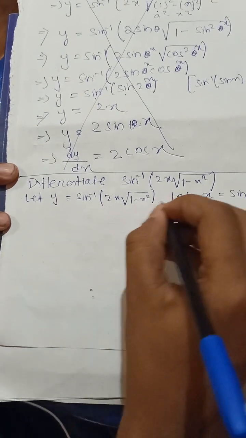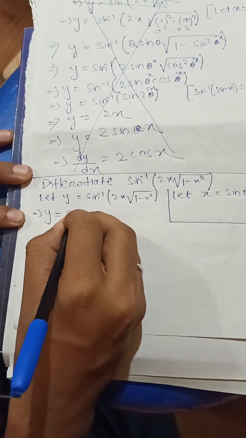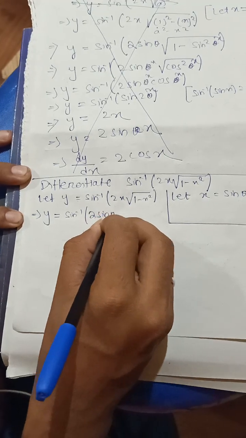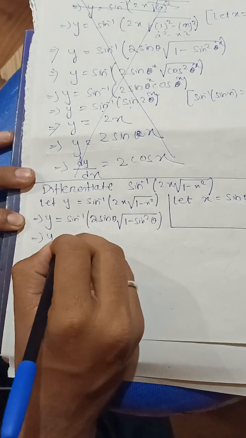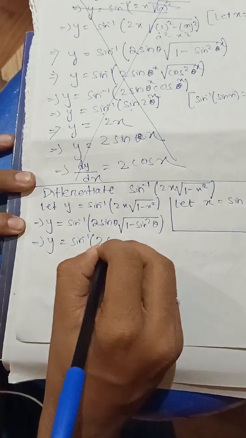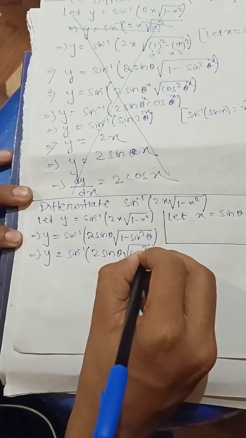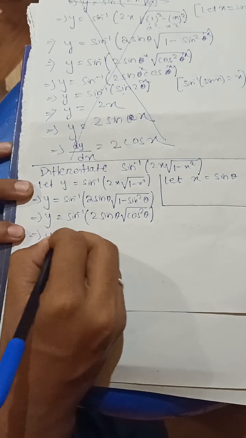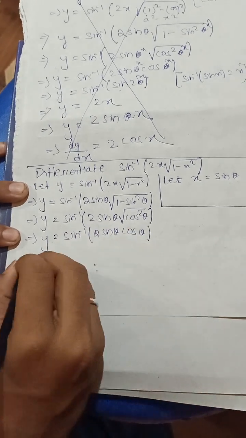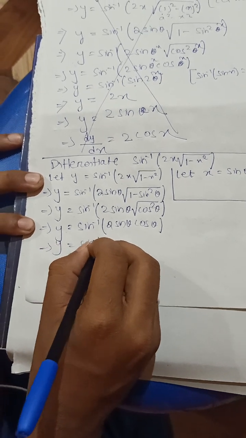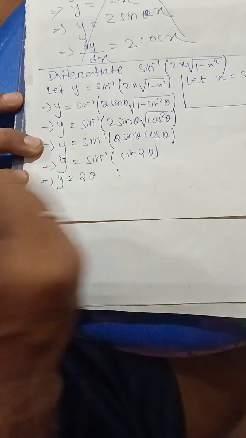Then y is equal to sine inverse of 2 sine theta root 1 minus sine square theta. 1 minus sine square theta is cos square theta, so root cos square theta is cos theta. Y is equal to sine inverse of 2 sine theta cos theta. Y is equal to sine inverse of sine 2 theta, which implies y is equal to 2 theta.